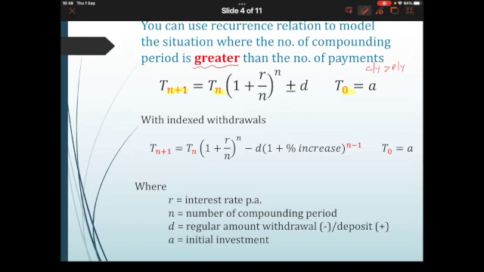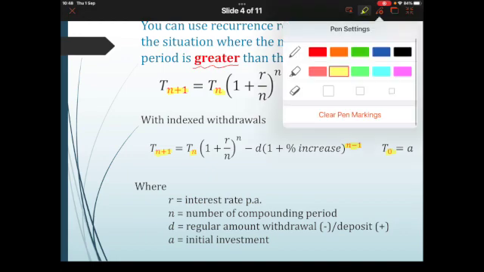The recurrence interval. It's not the N, which is the number of compounding periods. Again, index withdrawal, recall, this should be N minus 1 and N. These are the N related to the term number, not the number of compounding periods.